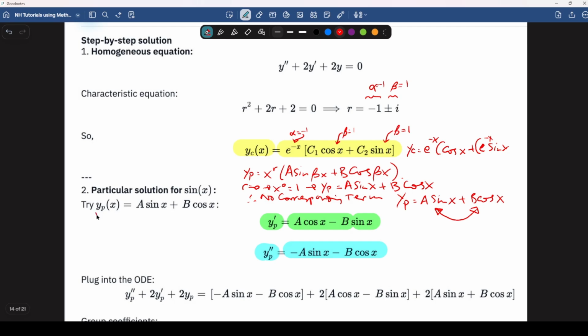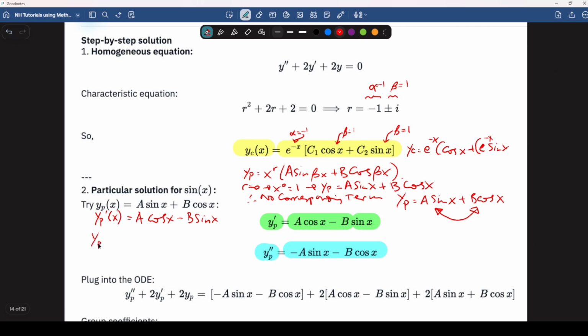Therefore the next step is to find the derivative, once we confirm there is no corresponding term. In this case it will be a cos x minus b sine x, because the derivative of cos is negative sine, which is what we have here as the first derivative.